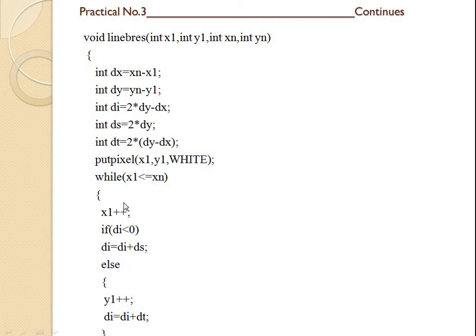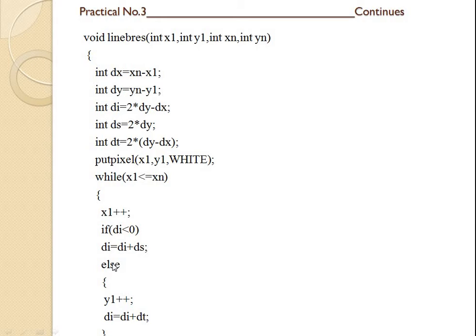Then we check if di is less than 0, if the decision parameter is less than 0, then we increment only the x1 value, not y1, and find the next decision parameter value, that is di is equal to di plus ds. Here ds is equal to 2 into dy, so the formula is di is equal to di plus 2 into dy.